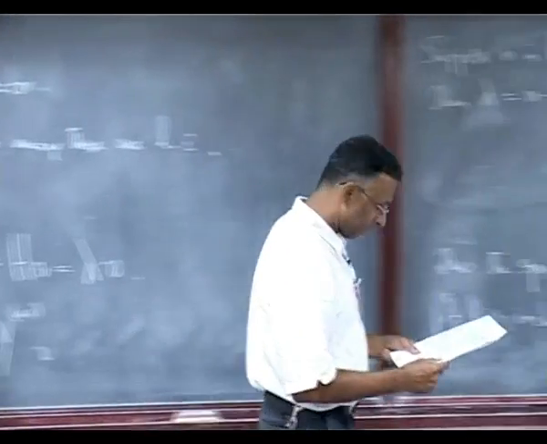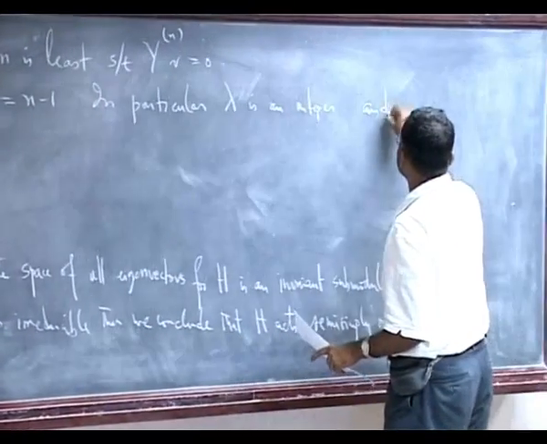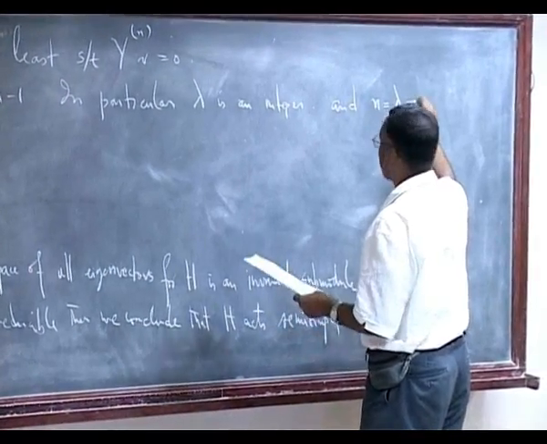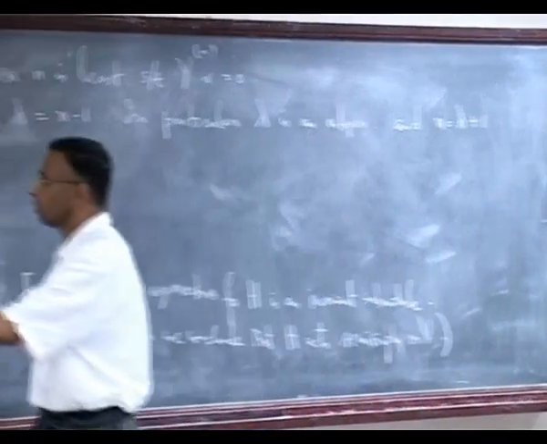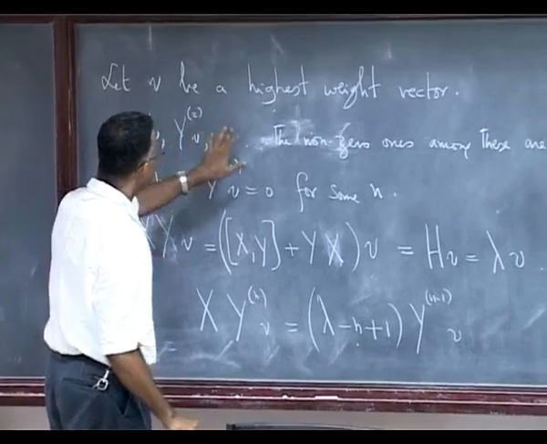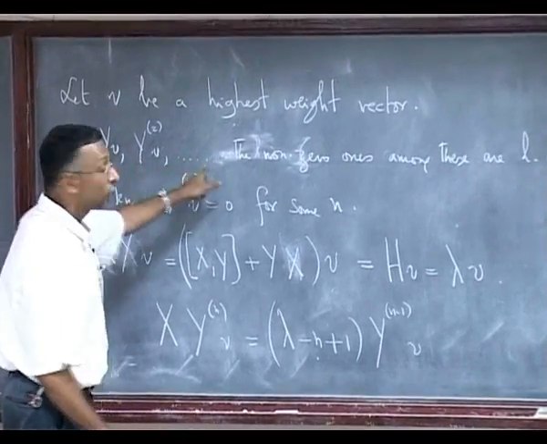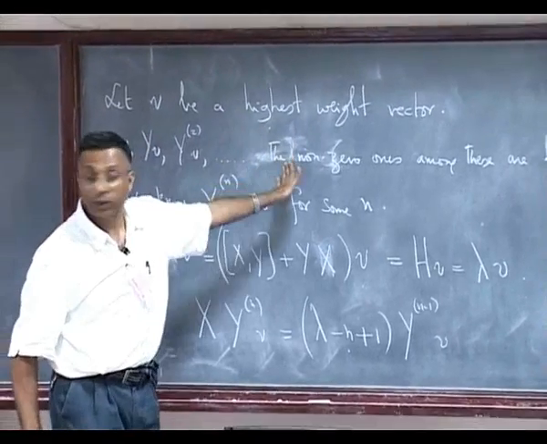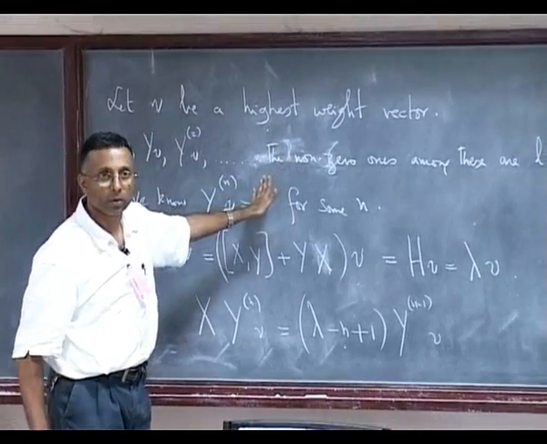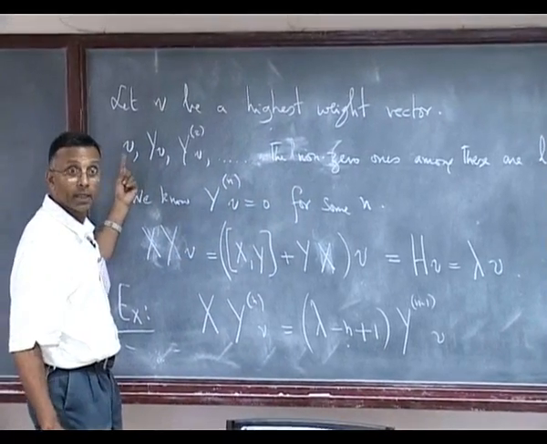Okay? Lambda is an integer and n is equal to lambda plus 1, which means I have v, y square v, up to y to the n minus 1 v, and it should stop there, and the next one is 0. Okay? So this n is determined by this eigenvalue lambda.